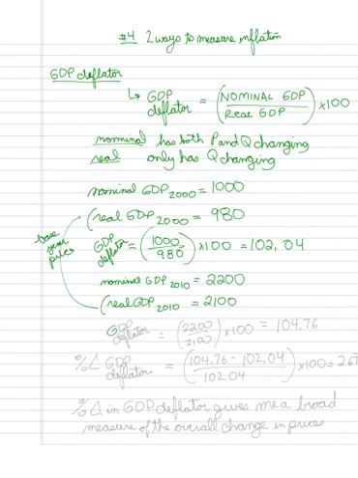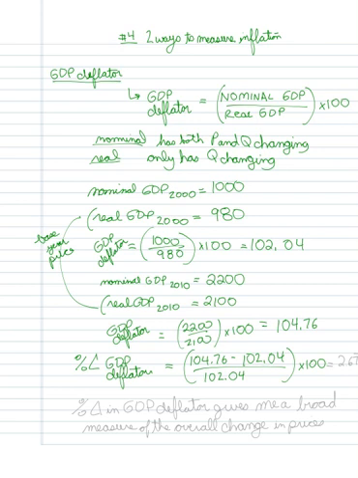So our GDP deflator would then equal 2,200 over 2,100 times 100, which gives me 104.76. Now I'm going to do the percentage change in the GDP deflators: 104.76 minus 102.04 over 102.04 times 100.